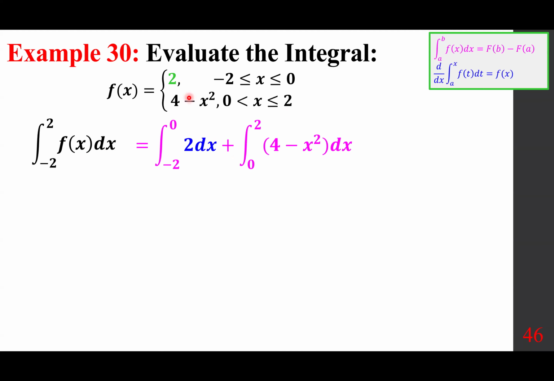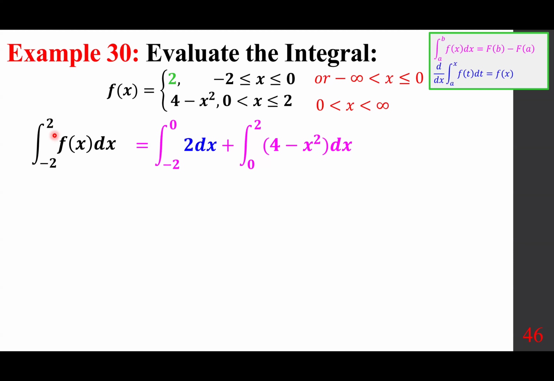F of x, one piece is 2, so we write dx from -2 to 0, and the other one, 4 minus x squared, from 0 to 2. So even if this was -infinity to 0 and this was 0 to infinity, the process would be the same, because this says we want to go from -2 to 2, okay?